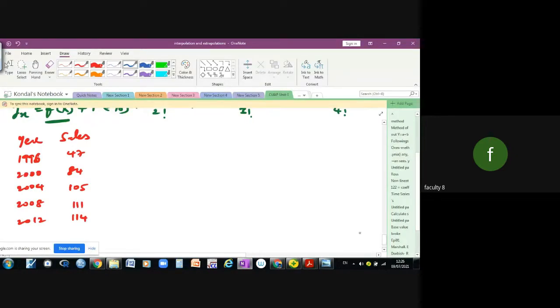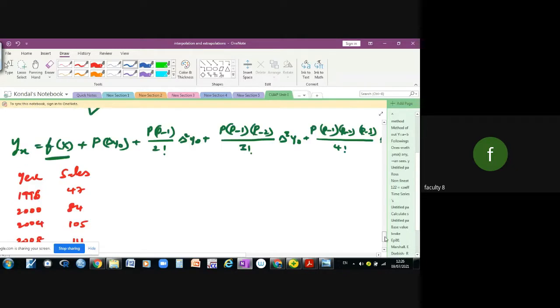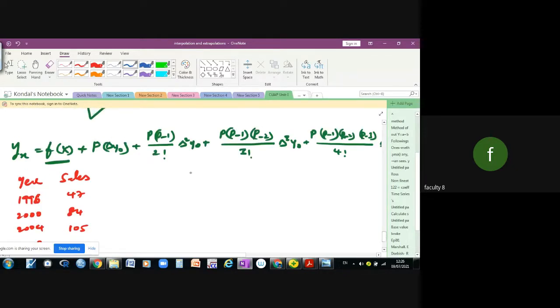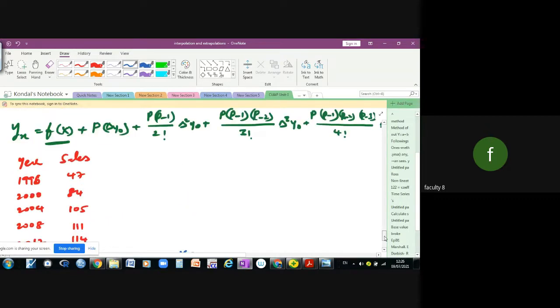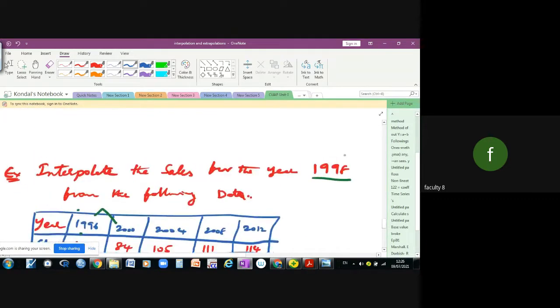Okay. So here the question they have asked, here is p. So what is the p? We need to find out. And what is f of x also we need to find out. So p value here, p is equal to x minus x naught by h. What is x value? What is the value they have given? In order to find out the sales in which year? The 1998.